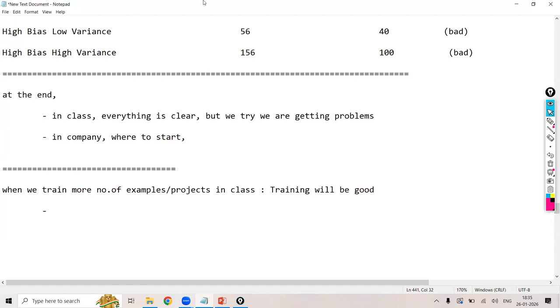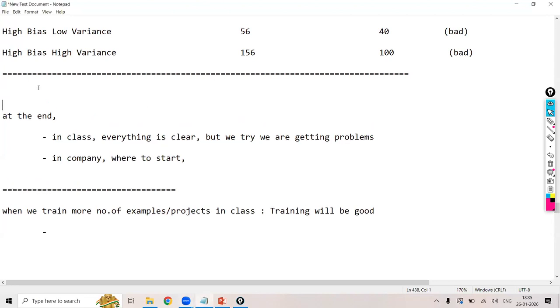What we are doing in the company is going to be different. Whoever says this, those students have what is called the overfitting problem. Because you focused on the example rather than the concept, and that has given you the overfitting problem later.